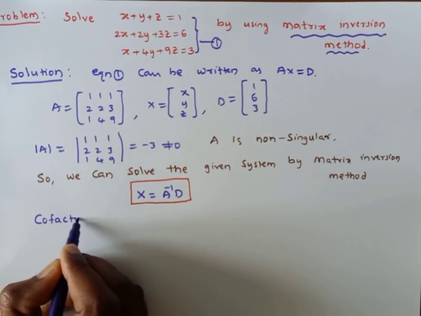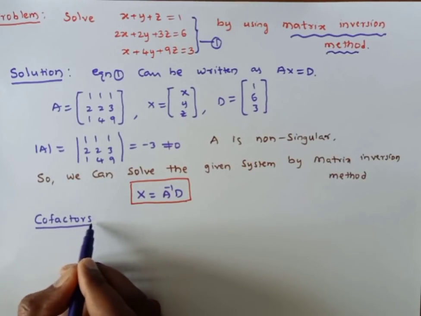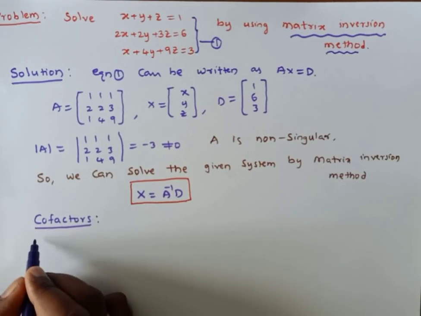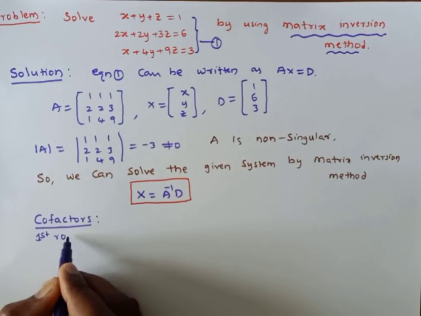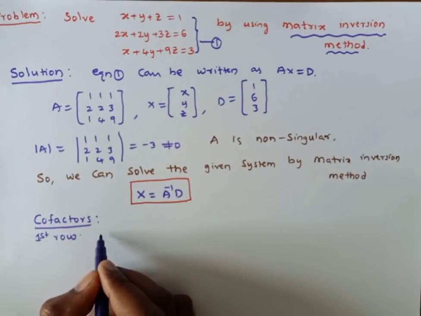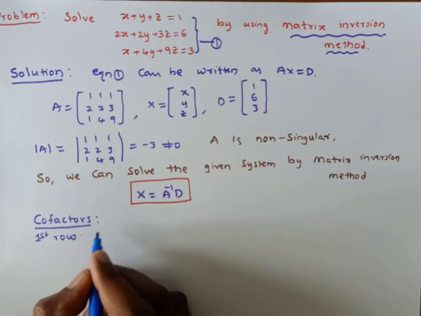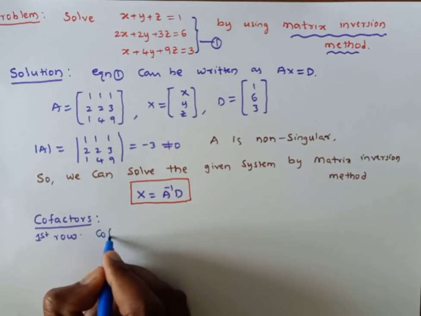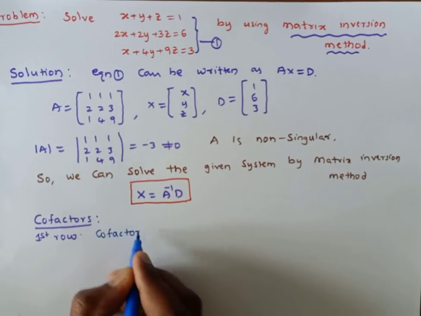Cofactors of the given matrix. Okay, by using row wise, you can evaluate. The first row elements are 1 1 1. So here, the first row, the cofactor of 1.